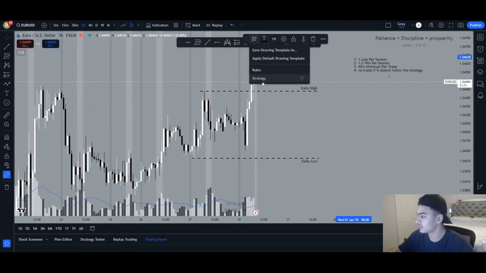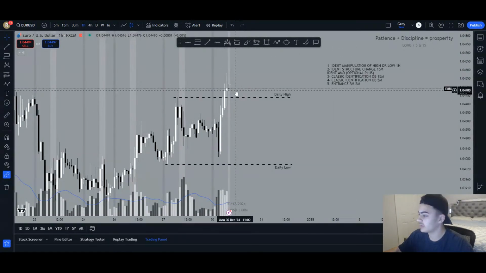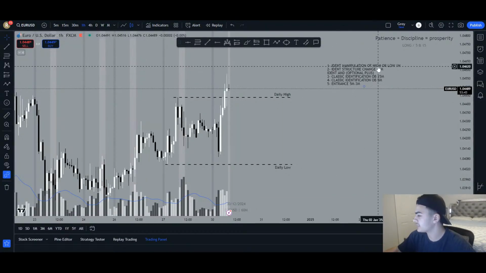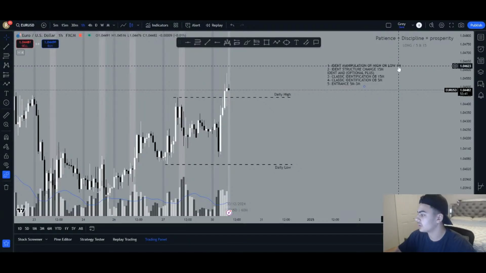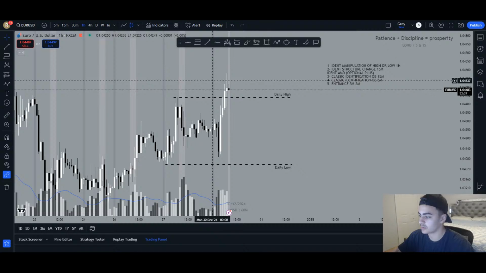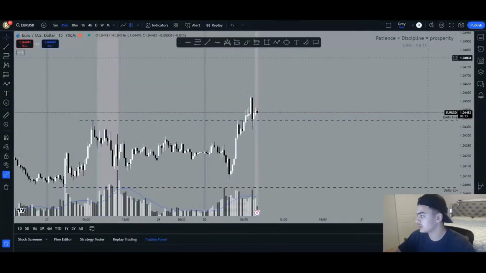Oh, wrong one. Strategy. I'm confirming that that's manipulating the daily high. So identify manipulation of high or low in 1 hour, which right now I can see as manipulating daily high. Now we go down to the 15-minute.